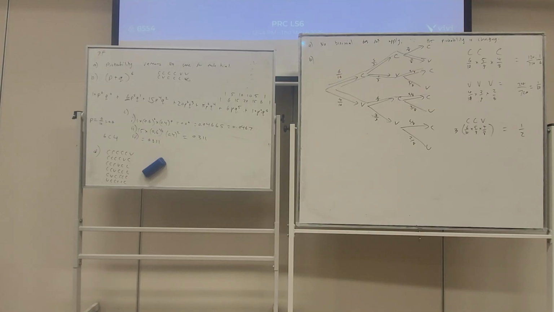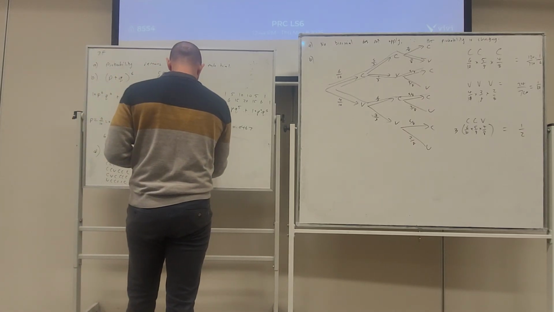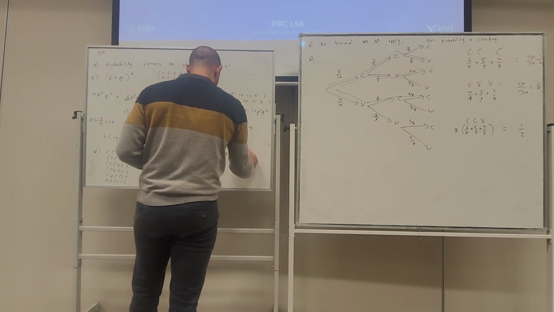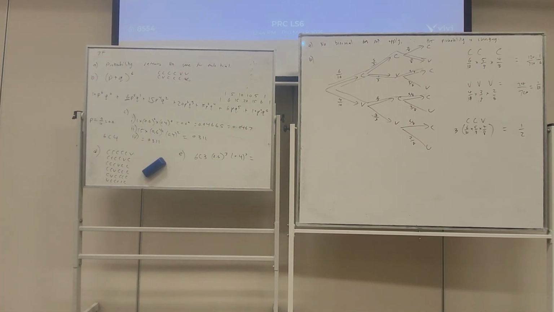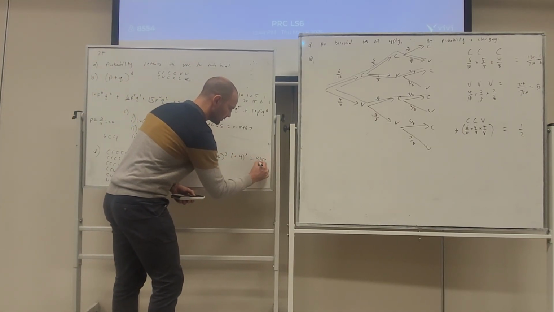Okay, calculate this and interpret its meaning. Alright, so if we evaluate 6C3, 0.6 to the power of 3, 0.4 to the power of 3, we get 0.2764, which is 0.276.